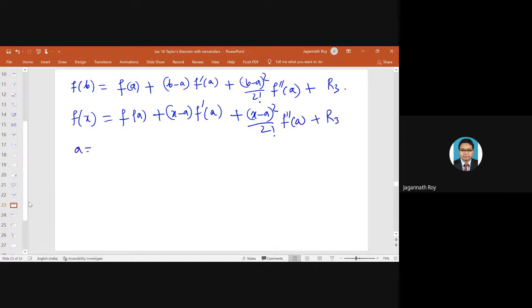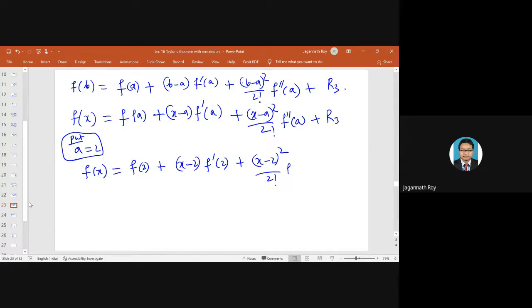Now put a equals 2. Okay, so here you will get f of x equals f of 2 plus x minus 2 times f dash of 2 plus x minus 2 whole square by 2 factorial f double dash of 2 plus R3.